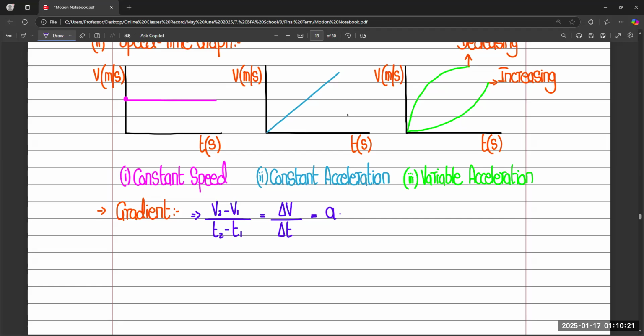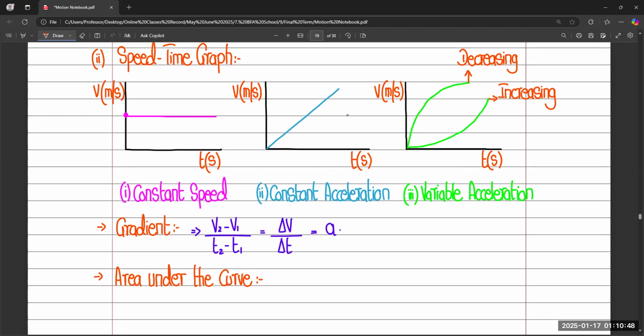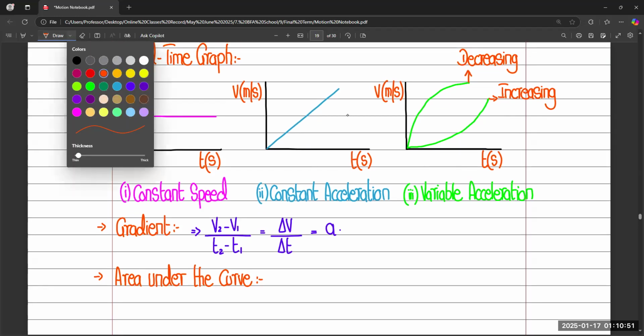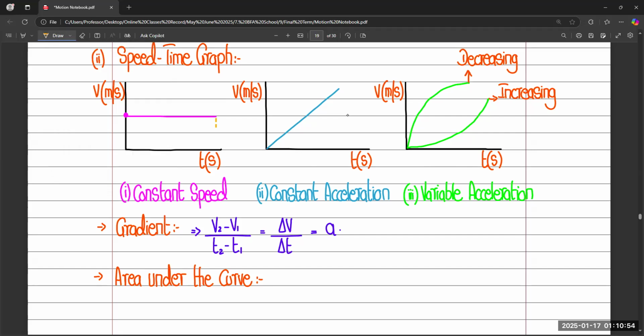And we have another concept in this speed time graph that is related to the area under the curve. Area under the curve means, for example, if you consider the first graphical representation, we have a rectangle form. So the total area covered by this graph is in the form of a rectangle, right?